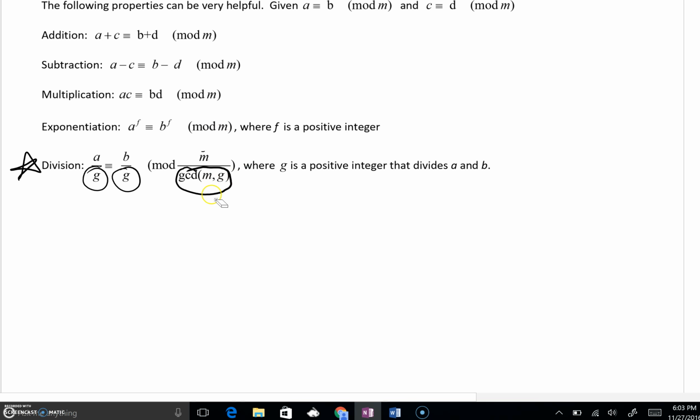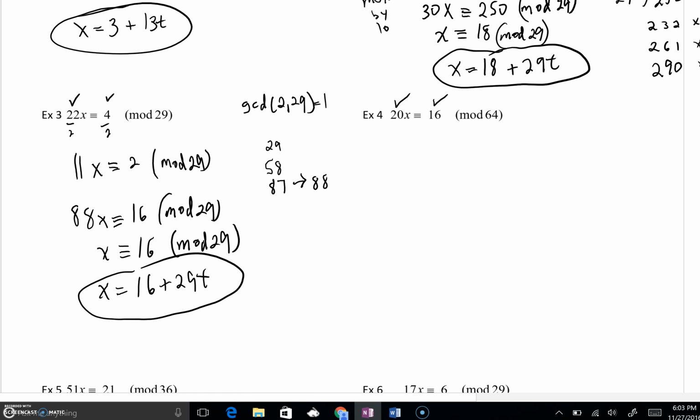You see, if there is a greatest common divisor between the modulus and the number g that you're dividing by, then you divide your modulus by that greatest common divisor. So, let's revisit number 4. And, of course, you want to divide by 4.